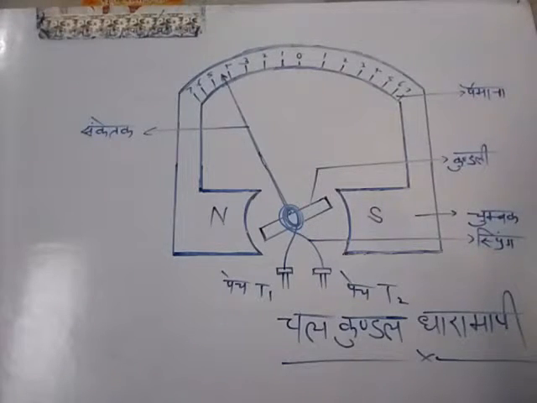Here torque works on the moving coil, the current carrying coil, and the spring produces a restoring force on the current carrying coil. So the torque on the coil is equal to the restoring force applied by the spring on the coil.